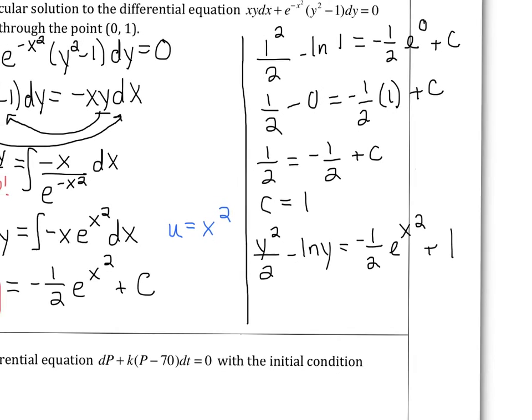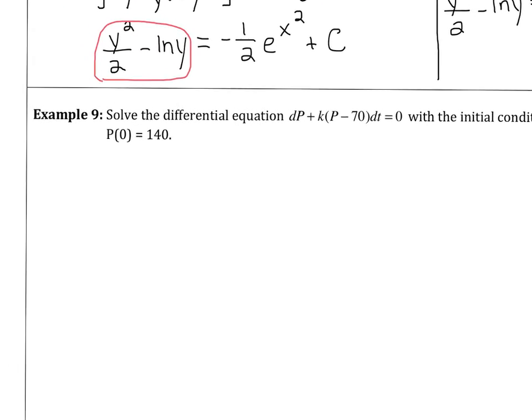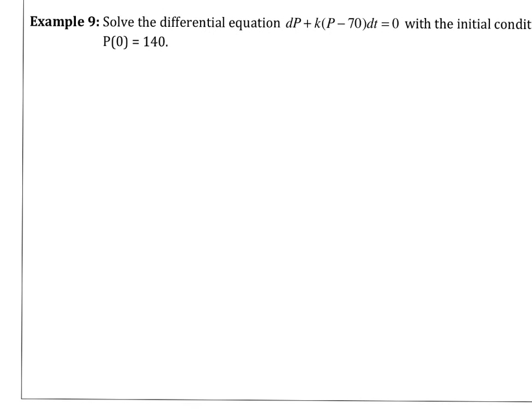All right, let's move on to example 9, which looks a little intimidating, but is not very intimidating. The only question you might have is, which is my y and which is my x? The fact that the P is capitalized sort of clues us in that that's probably the y.